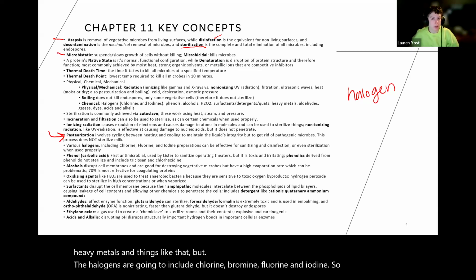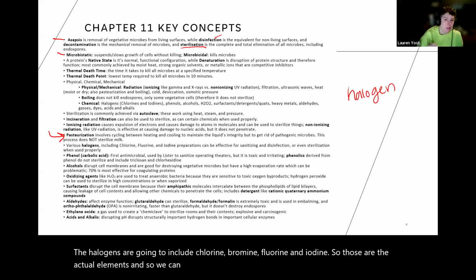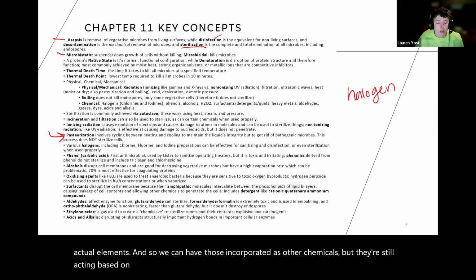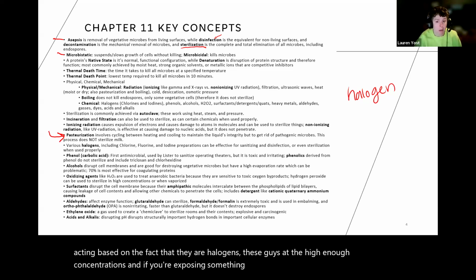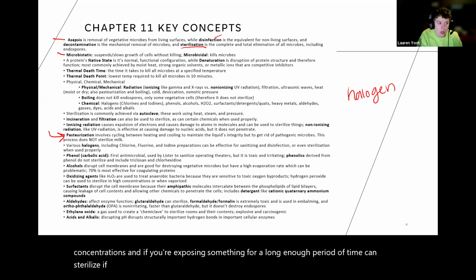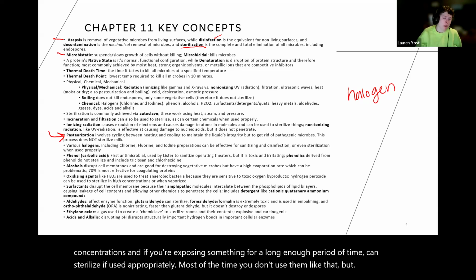So those are the actual elements. We can have those incorporated as other chemicals, but they're still acting based on the fact that they are halogens. These guys at high enough concentrations, and if you're exposing something for a long enough period of time, can sterilize if used appropriately. Most of the time we don't use them like that, but we usually water down our bleach.